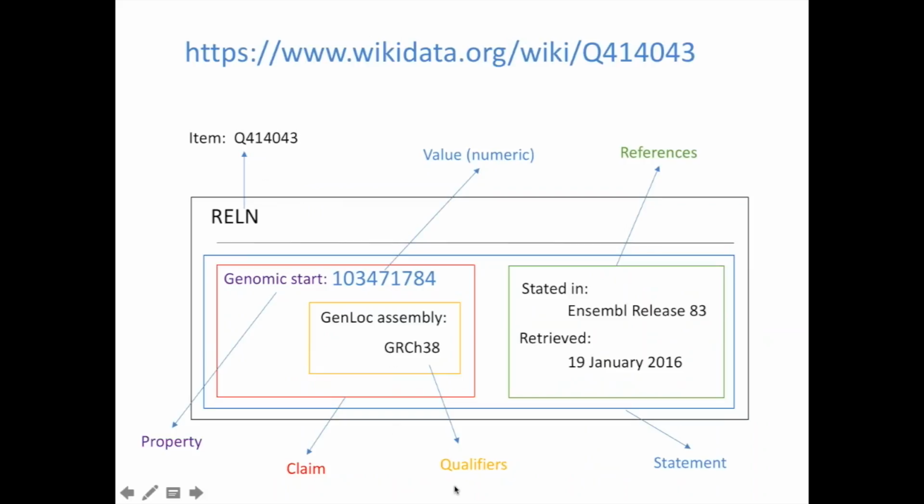And for the qualifier, this is as of Genome assembly GRCh38. So you could have many different genomic starts depending on which assembly you're using. That's important. And here is an expanded bit of references for that. This information came from Ensembl Release 83, and it was retrieved on 19th January 2016.